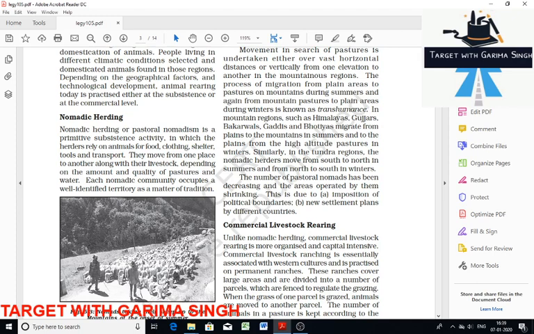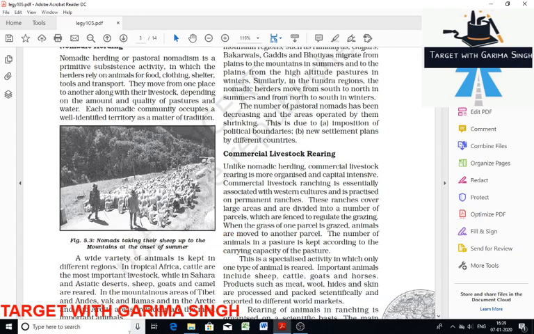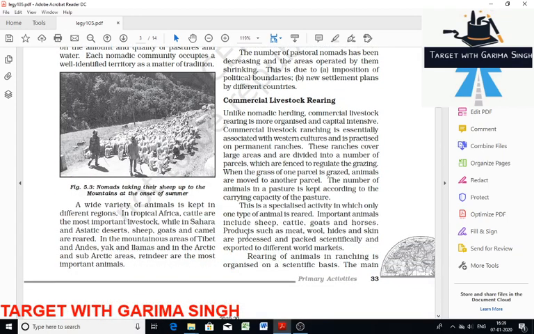That's transhumance. Now the number of pastoral nomads is decreasing due to imposition of political boundaries and new settlement plans by different countries. Now we will discuss commercial livestock rearing. It is more organized and capital intensive, practiced in permanent ranches, on large areas divided into parcels.